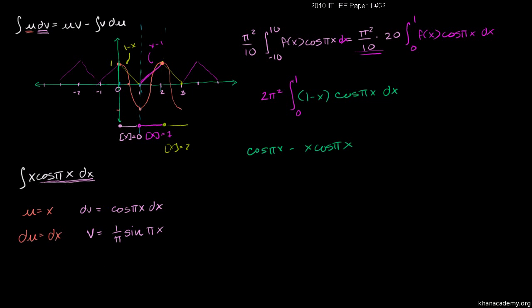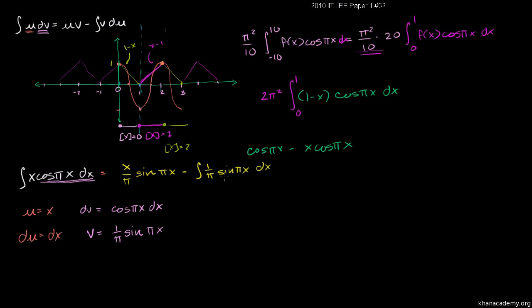So this is going to be equal to u times v. So it's equal to this x times this. So x over pi sine of pi x minus the integral of v, which is 1 over pi sine of pi x du. du is just dx.